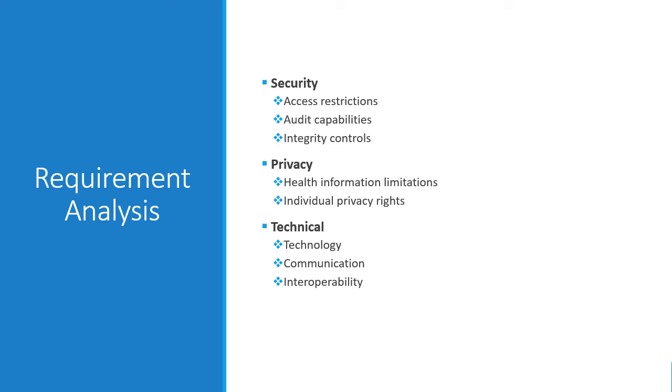Next is the technical. For technical, the health record must have the ability to meet the federal requirement in order to protect the health information management. There are a few restrictions, like access restrictions, audit capability, integrity control, or transmission security.